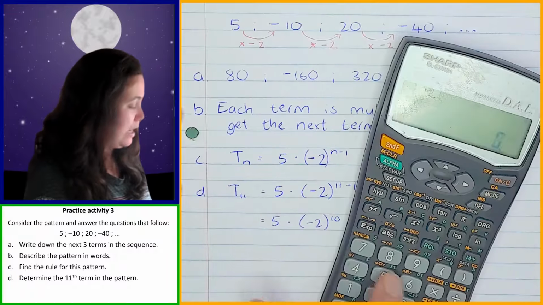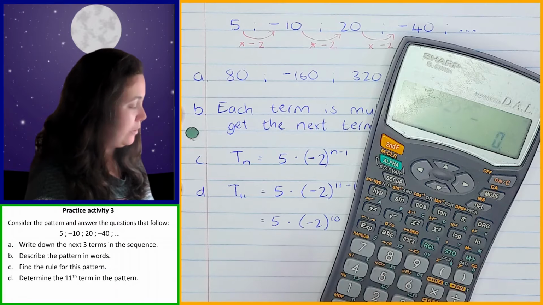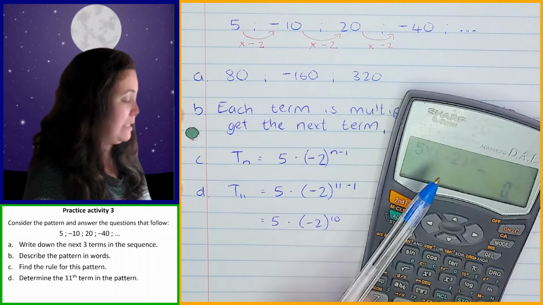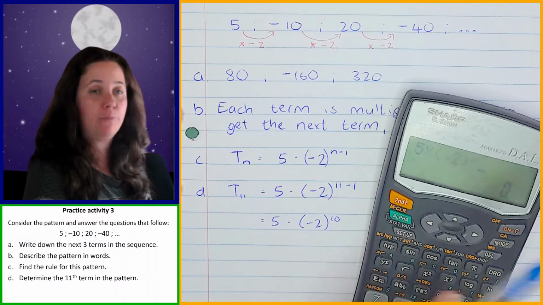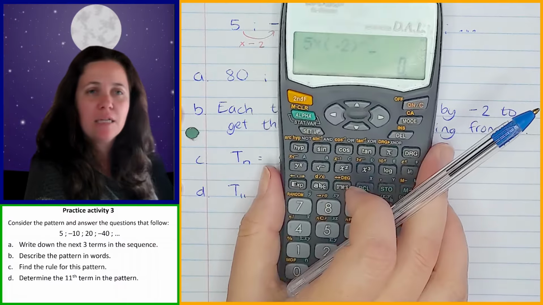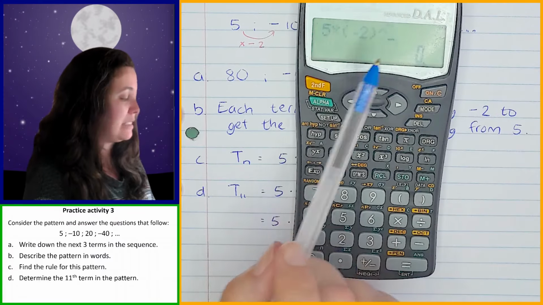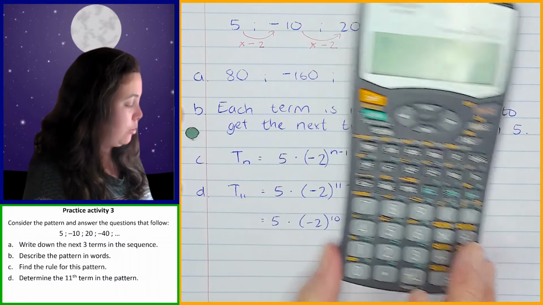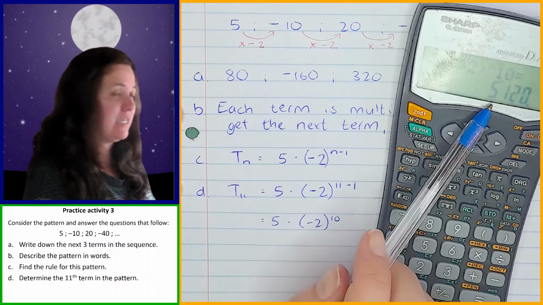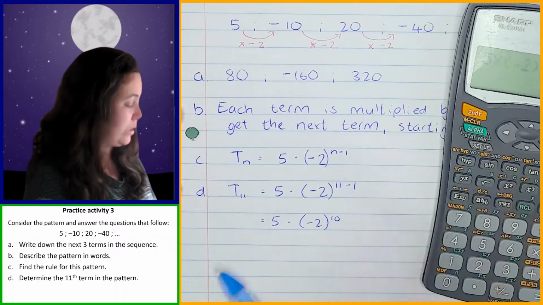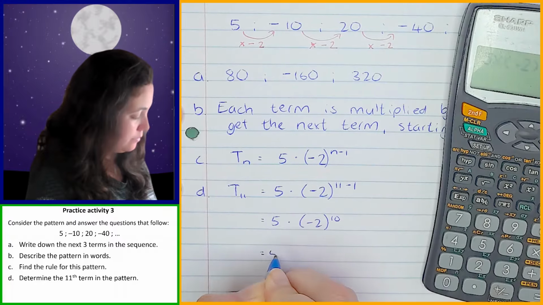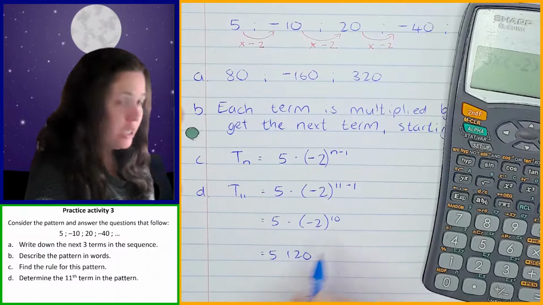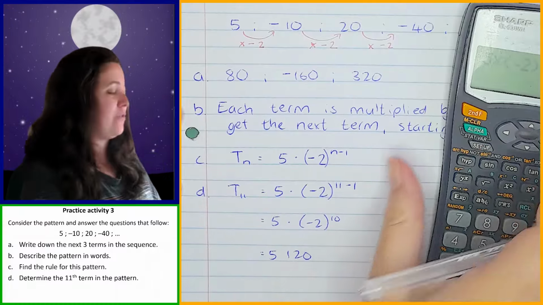I've got 5 times negative 2 to the power of, now you see on my calculator, it automatically puts that in brackets when I put in negative 2. If yours doesn't, you need to make sure that you put it in brackets. Okay, so it's the power of 10. And that gives us 5,120. So that's what you should have got for the 11th term for that pattern.